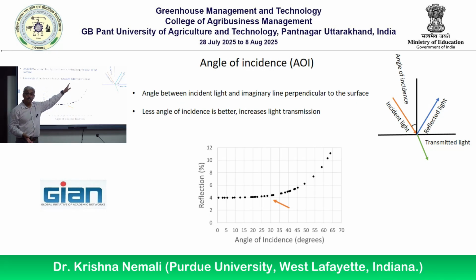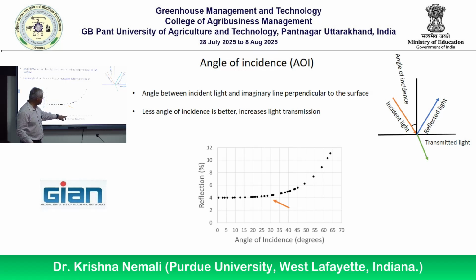What is this graph telling you? As the angle of incidence is increasing, what's happening to reflection? It's increasing, and there is a point, right around 30, that's the angle of incidence, where reflection increases exponentially. Initially, it's a slow increase.